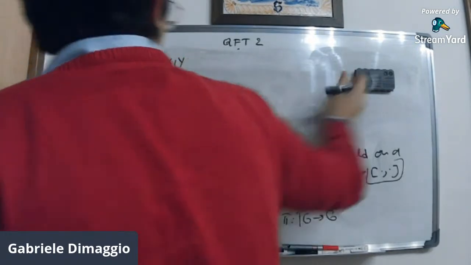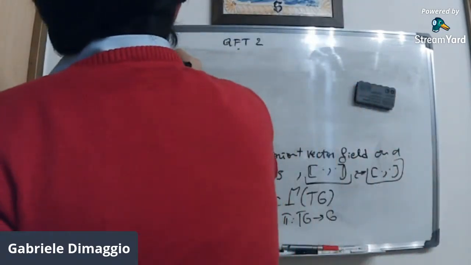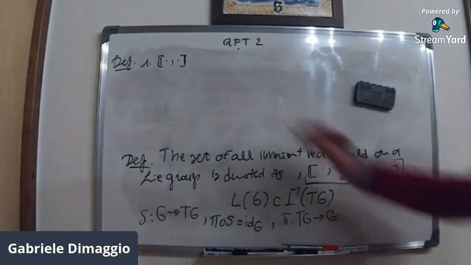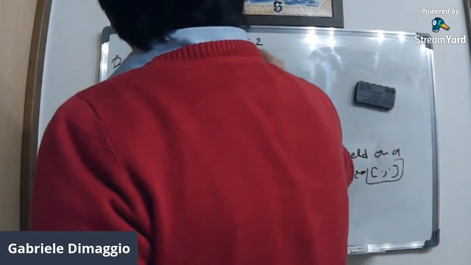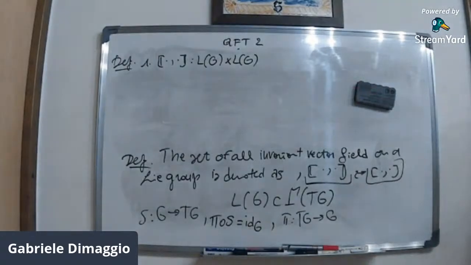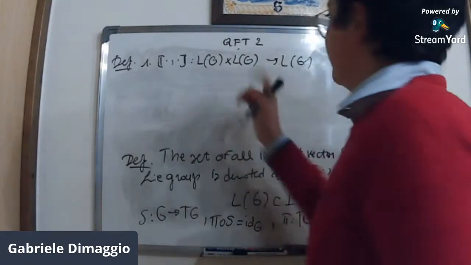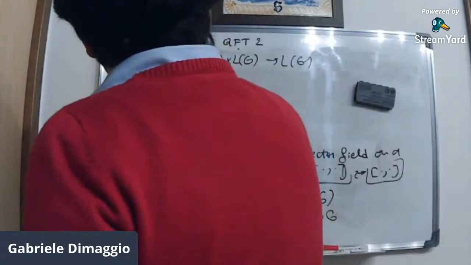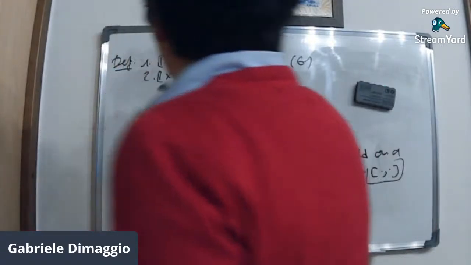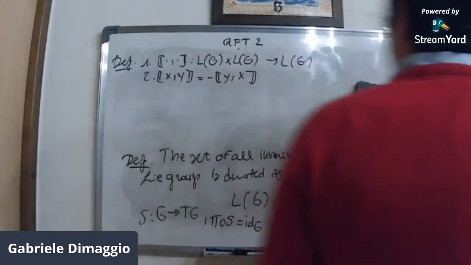First, this differential Lie bracket is a map from the Cartesian product of two Lie algebras of a Lie group, such that the bracket of x and y is equal to minus the bracket of y and x.